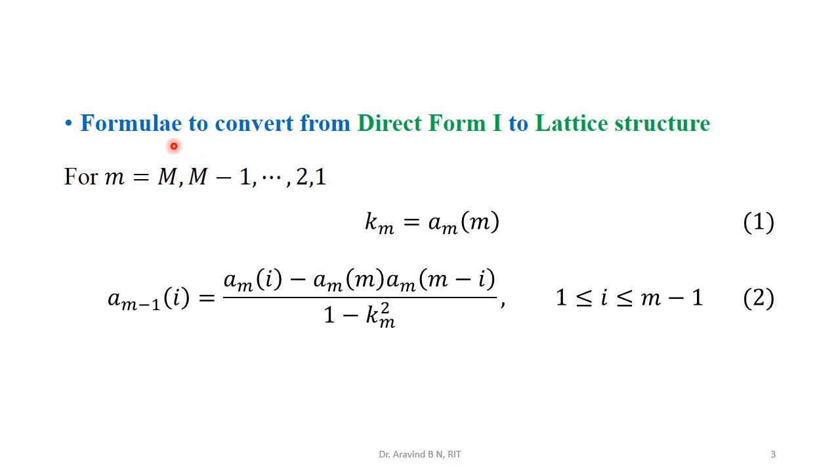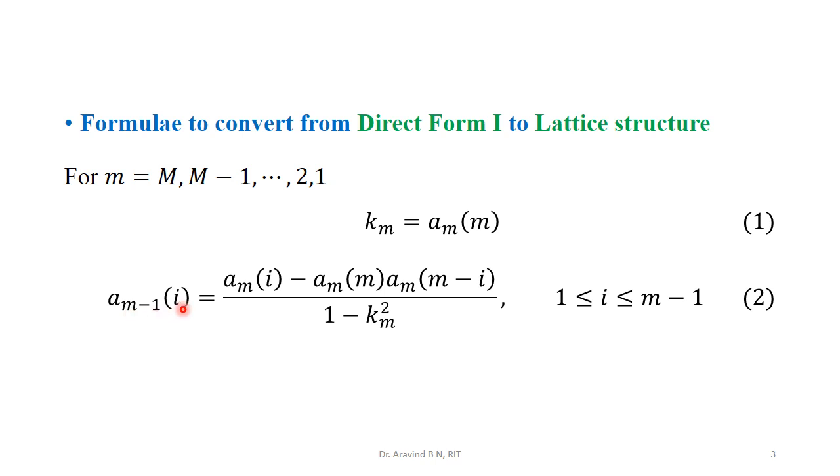The first one, formula to convert from direct form 1 to the lattice structure. These two are the formulae that we are going to make use of. Take care that for m is equal to M down to 1, that means from the highest order towards the lowest order, this is applicable like this only. Then km is equal to am of m.